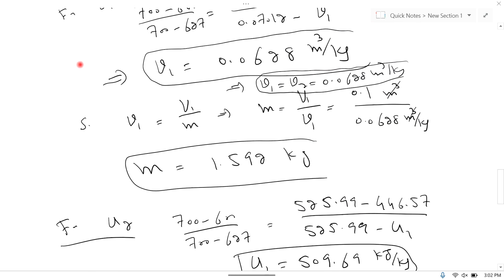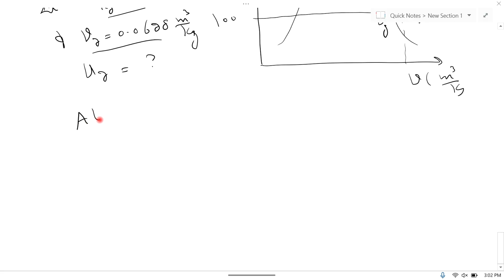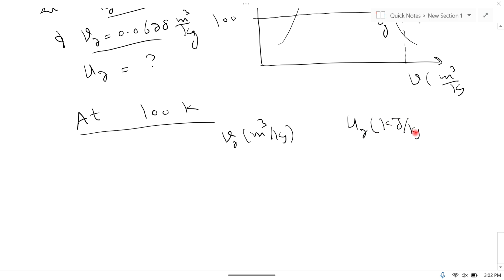So at 100 Kelvin, do interpolation between volume V2 in meter cube per kg and U2 in kilojoule per kg.